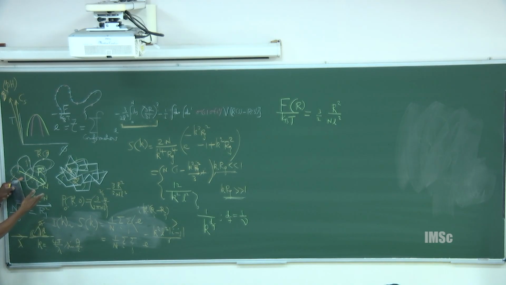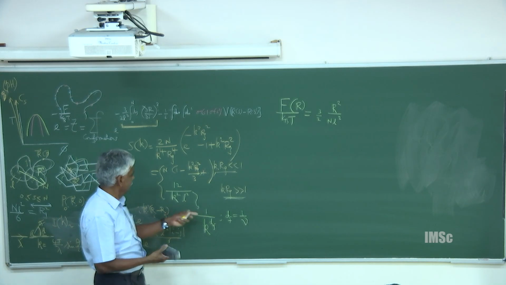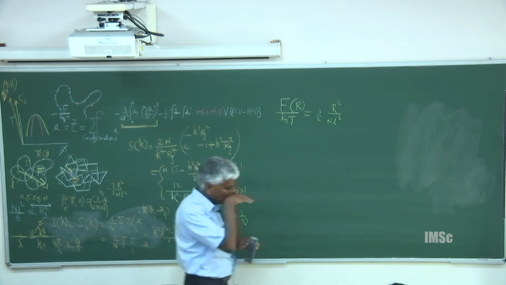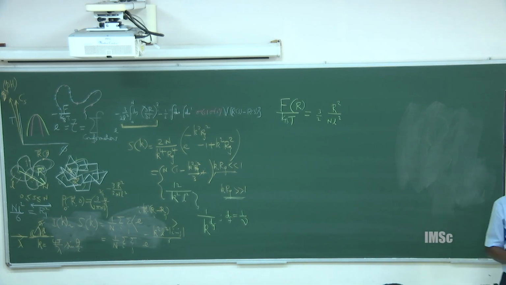Therefore, this is also diverging with n. How does it diverge? It diverges with n to the power nu. That's the reason. But if you take earlier textbooks in polymers, they don't use nu. They will put some other number, alpha or something like this. But anyway, it's only a symbol.